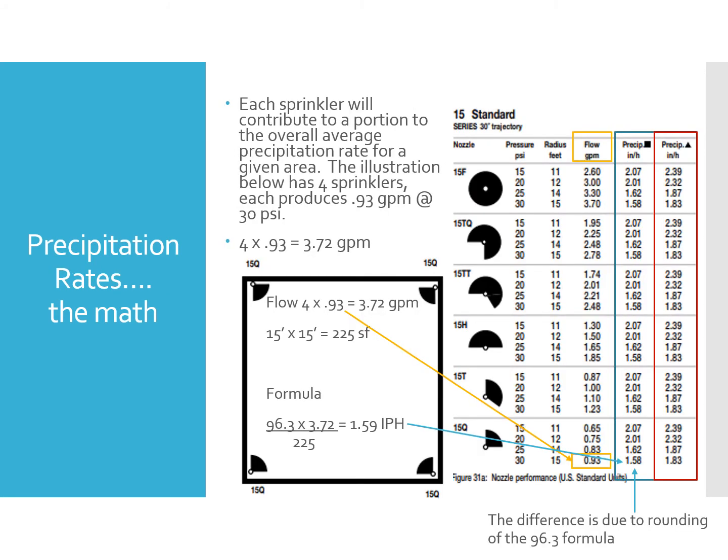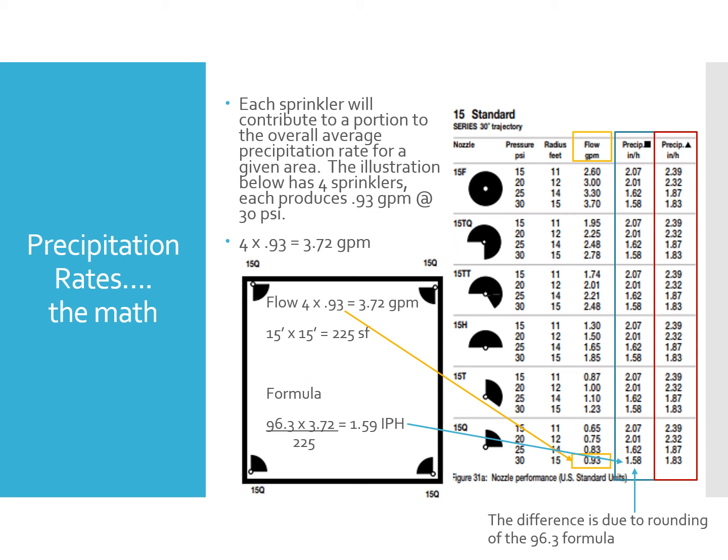So here's the math behind the precipitation rates. In this particular square that I've designed here, each one of these sprinklers in the corners contributes to a portion of the flow rate of the entire area. So each one of these nozzles is putting water into this space. So here we have 4 quarter circles, which is a quarter each.